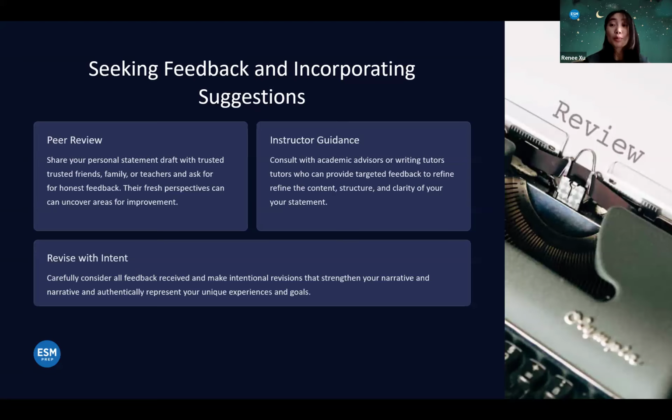So these may not be professional writers or tutors, but if you do see a pattern with the feedback that multiple people are presenting you, that is something that you can carefully consider, with your 2 cents, and then make the intentional revisions that will strengthen your narrative and authentically represent you in all of your uniqueness.